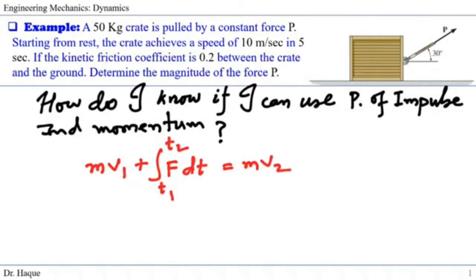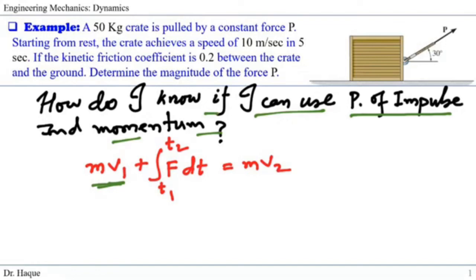So the next question is, how do I know that I can use the principle of impulse and momentum to solve this problem? Well, let's look at the principle. Change in momentum, which is mass times velocity, is equal to the impulse.